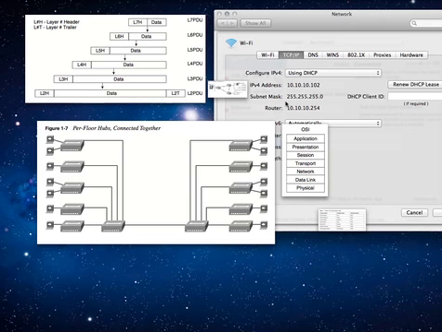And subnet mask is also in the network layer, but basically what this does is it says that this computer is only going to communicate within this network.